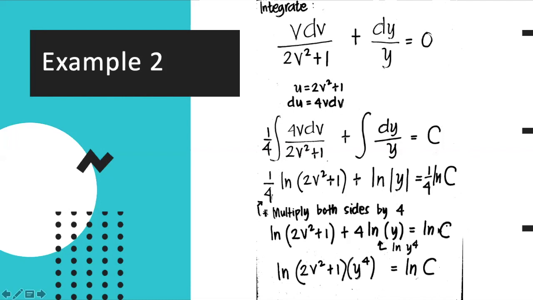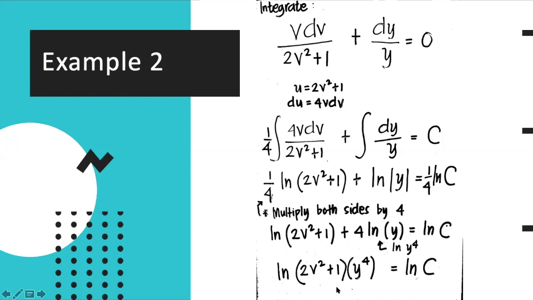Now that you have eliminated the fractions, ano napansin niyo? Lahat ln, di ba? Okay, we can combine them. You put this term into this format, ln of y raised to 4. Same lang yan sila, property lang. And then combine them, we have ln of 2v squared plus 1 times y raised to 4 equal to ln of c.